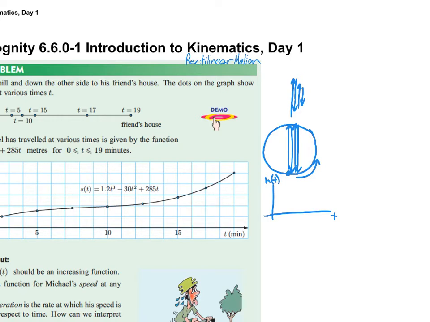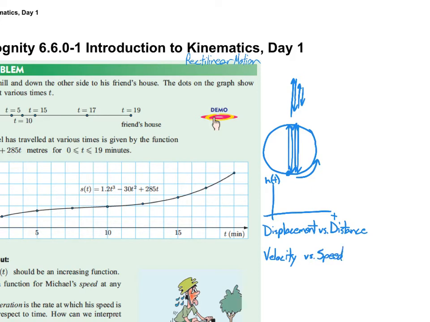Okay, our displacement. And there's a couple of pairs of terms that we're going to be dealing with here. One is displacement versus distance. And the other is velocity versus speed. Okay?